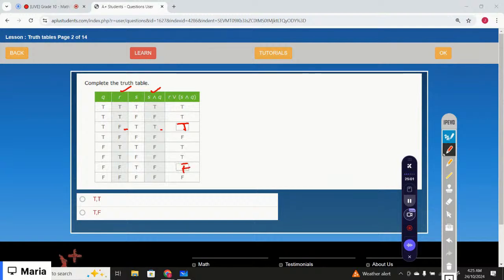So the correct option is option number two, true and false. Option number two is the correct option. They are true and false.